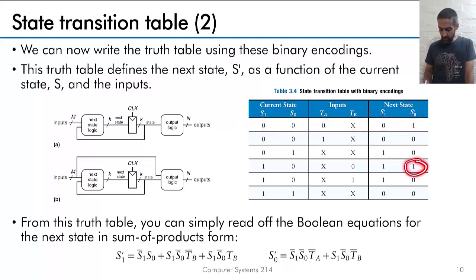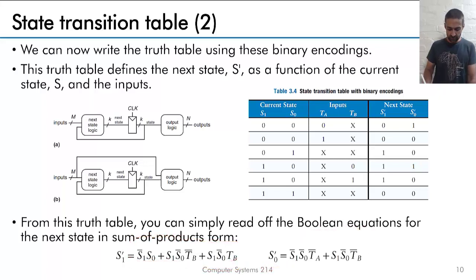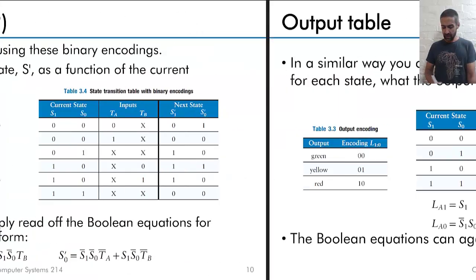And then the other one here is just where the present state is S1, not S0, and not TB. So that makes up that term there, and that really captures the whole thing. Now, this describes the next state logic. So if you were to put those two functions in there, they describe the two lines that say what is the next state.